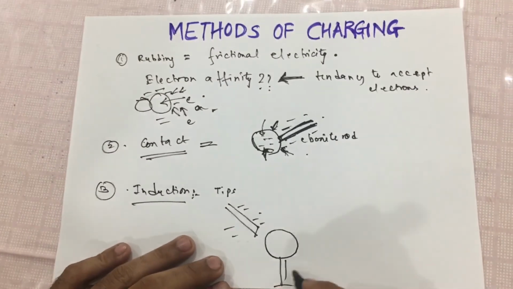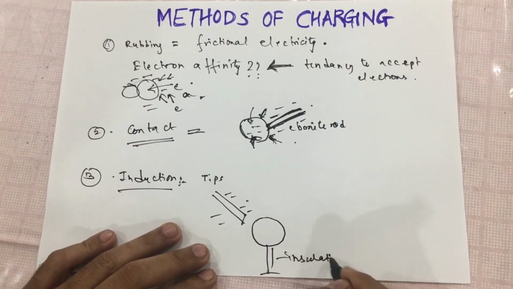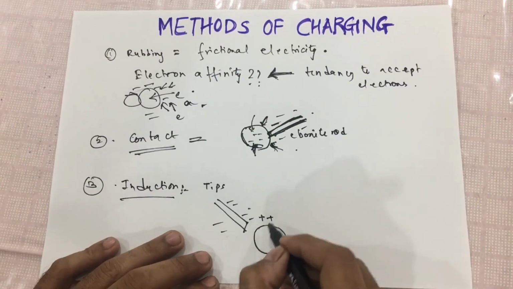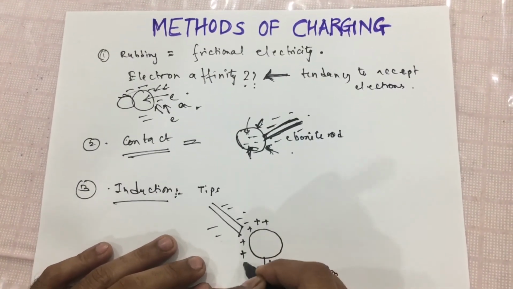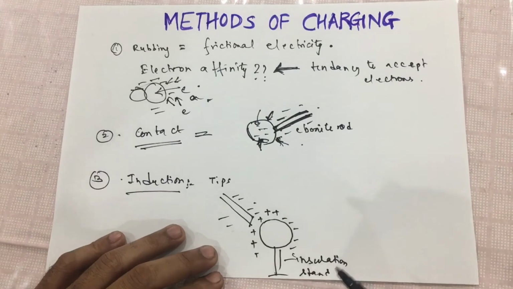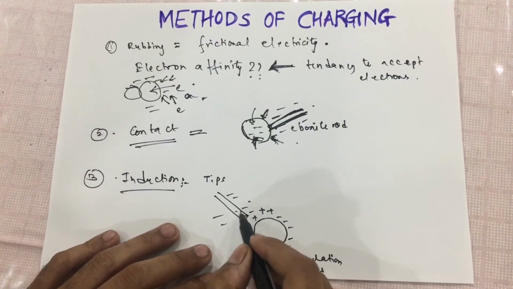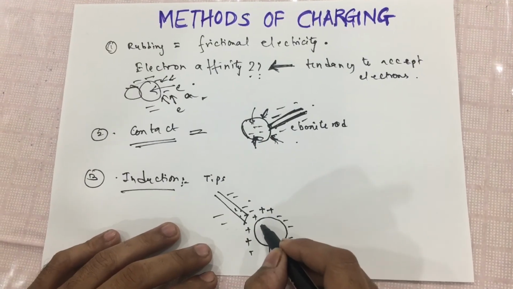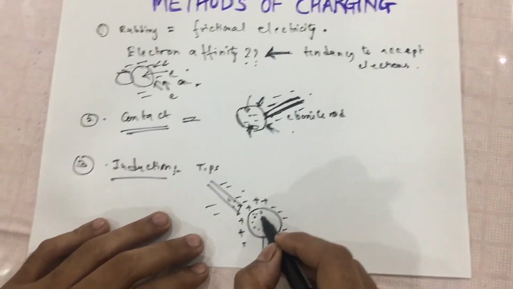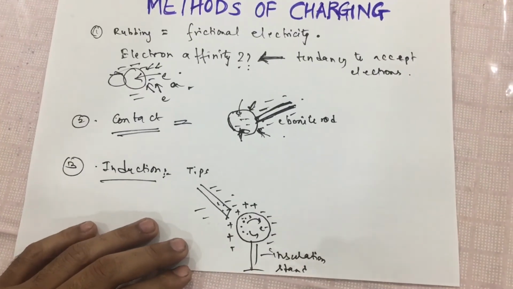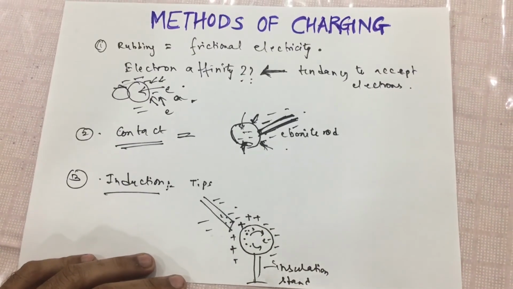This is the insulating stand. Due to the method of induction, one side will develop a positive charge and the other will develop a negative charge, because the electrons which are present will repel the electrons on the inner surface, and these electrons will move to the other side of the body, and this will develop a positive charge.